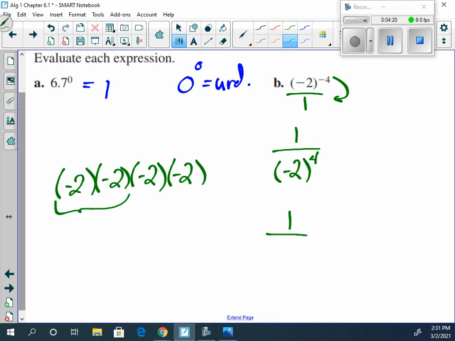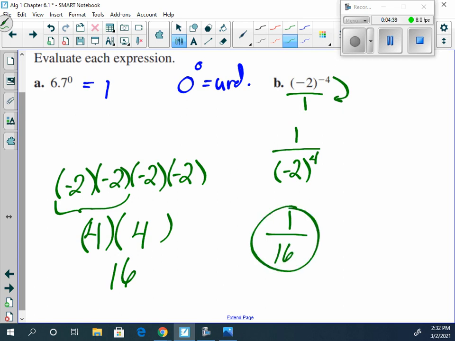Because negative times a negative would be a positive, yes? 2 times 2 is? Almost. Because our other negative 2 and negative 2 would give us 4. And 4 times 4 is? So negative 2 to the negative 4th would be 1/16.